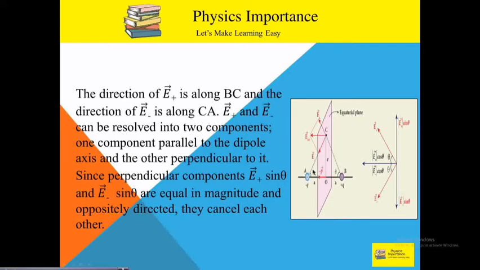Here we have a negative charge, and the positive charge is attracted towards the negative. So the direction is CA. That is what is given here: the direction of E plus is along BC, and the direction of E minus is along CA.